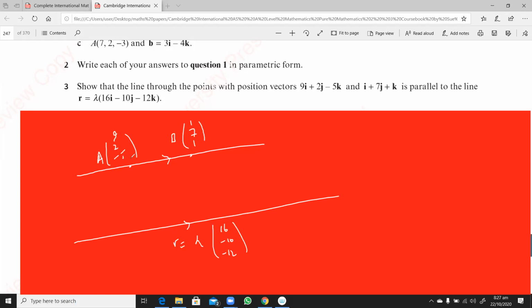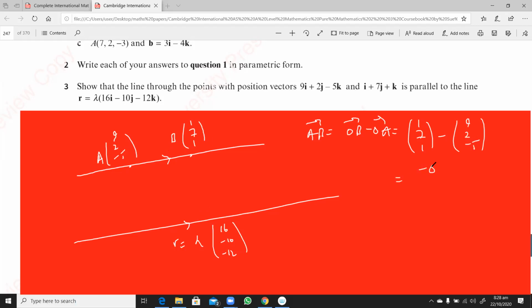So how can you do that? Just find the direction vector of the line AB. This AB is going to be OB minus OA, which is (1, 7, 1) minus (9, 2, -5).